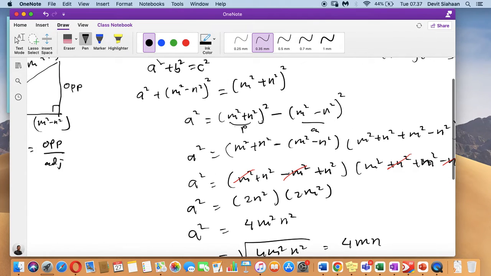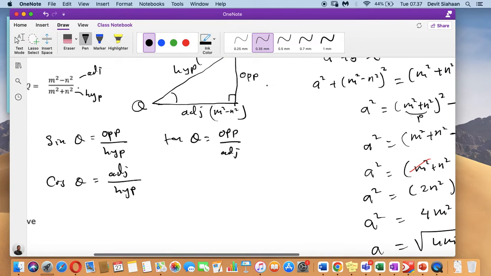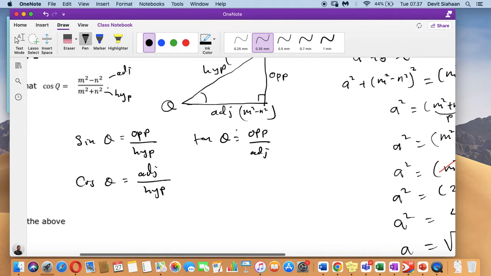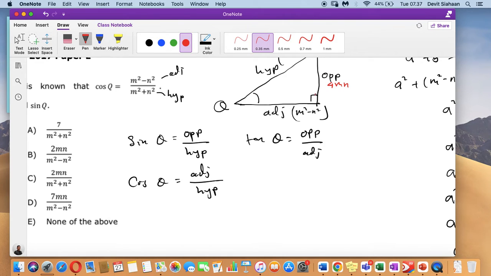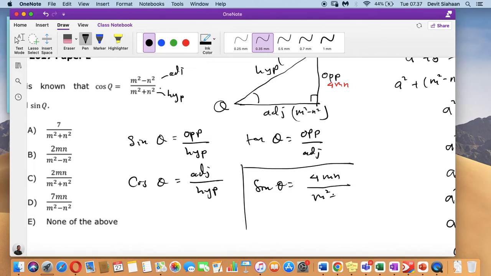Now let's go back to the question. We want to find sine q. Since we already got the opposite, sine q will be the opposite over the hypotenuse, and the hypotenuse is m square plus n square.